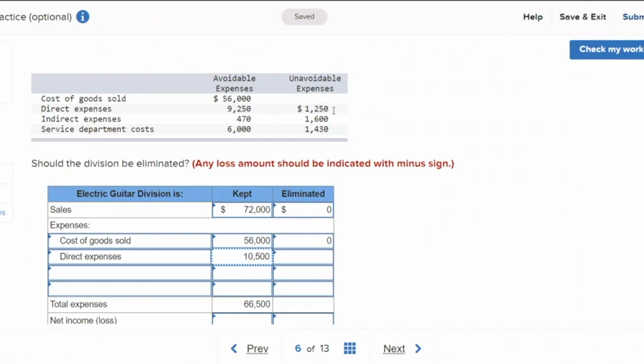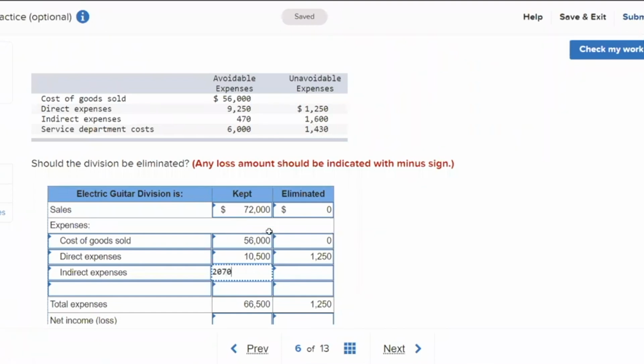It's all this, right? We would still have all this. However, if we eliminate electric guitars, we will still have 1,250, because it's unavoidable. We'll still have the indirect expenses. We have 1,600 and 470. That's 2,070 of indirect.